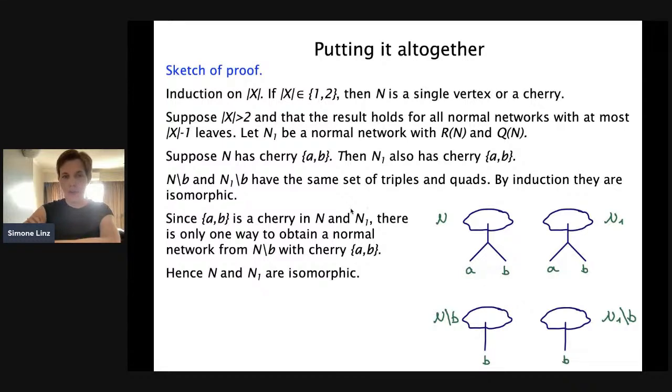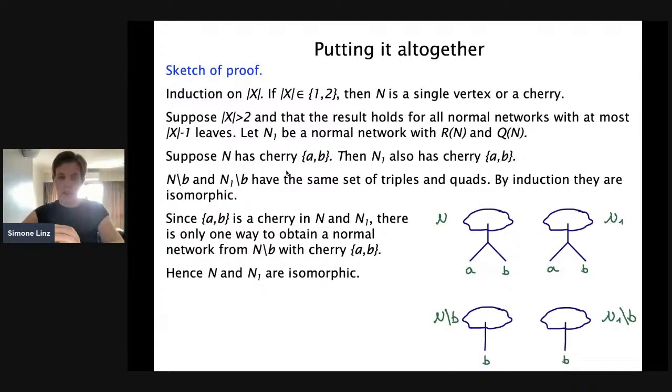And we want to show that the network N, for which we have all the triplets and quads, is the unique network. So suppose that there's another normal network, which I've called N1, whose set of triplets and quads is also R of n and Q of n. So basically, what we want to show is that N1 and N are isomorphic.